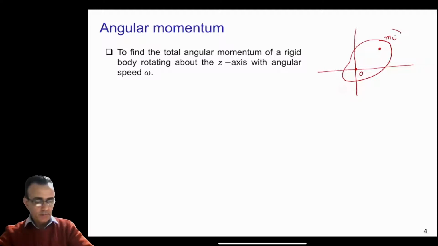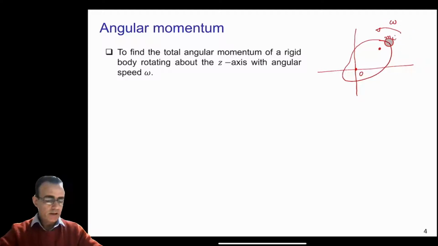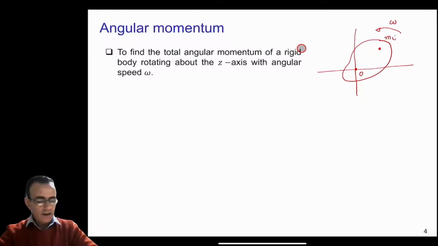The rotation in this case is counterclockwise, and the distance of this point from the center is ri.